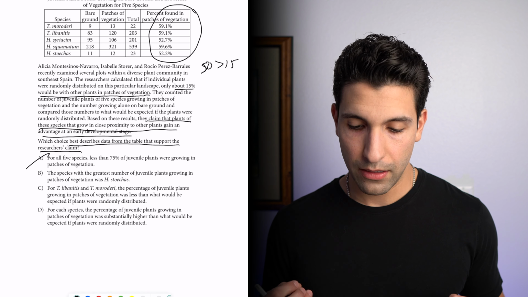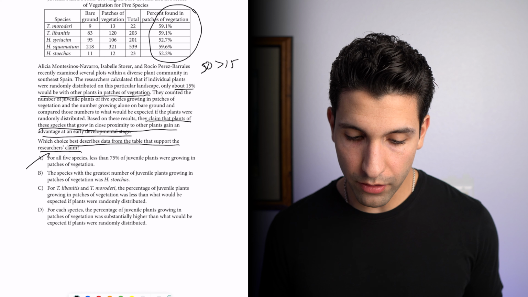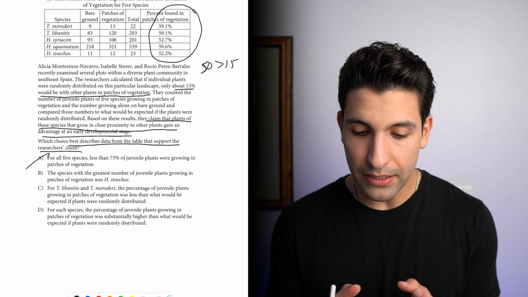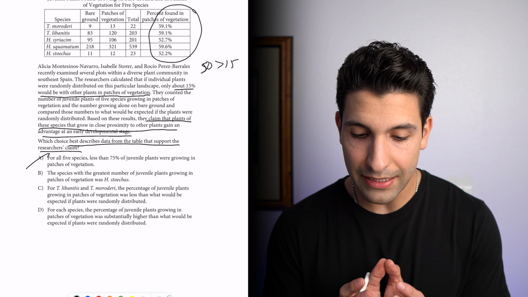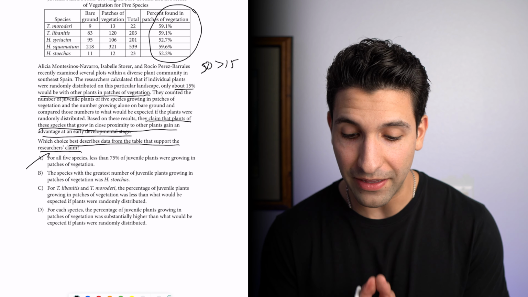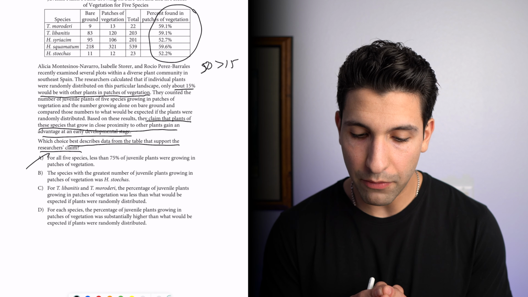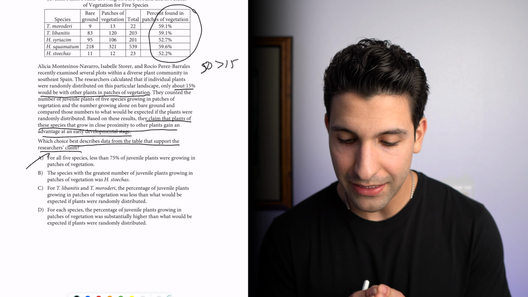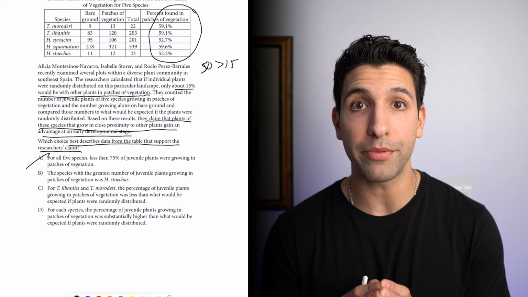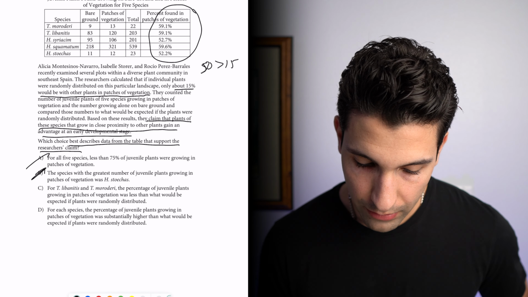Again, that doesn't support the claim that we're going after, which is that the species that grow in close proximity to other plants gain an advantage at an early developmental age, and that we think that it would be 15% would be with other plants in patches of vegetation if they were randomly distributed. So that doesn't do that.